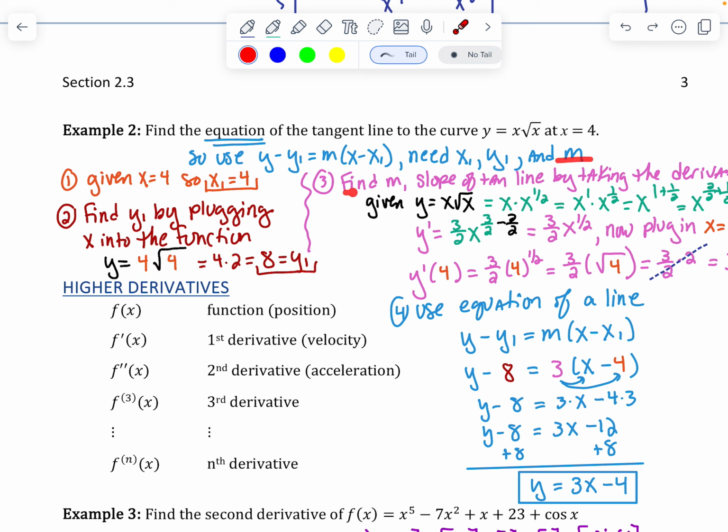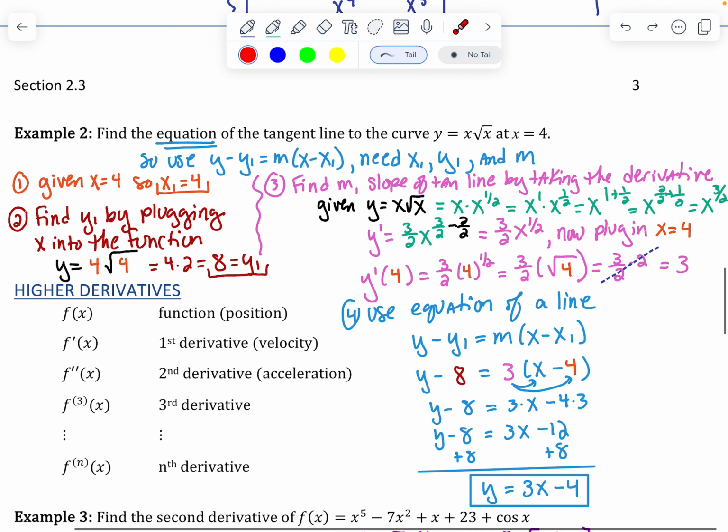The last thing I need is to find m. Now remember, by definition, m is the slope of the tangent line. That's what we're trying to make, a tangent line. But the way that we get the slope of the tangent line is the derivative. So I'm going to go back to my function x square root of x. First, I'm going to rewrite the radical portion to be to the 1/2 power.